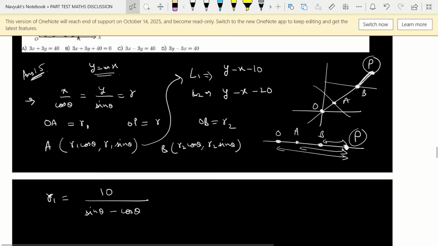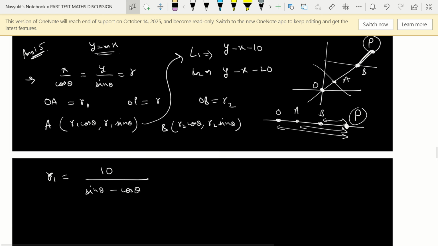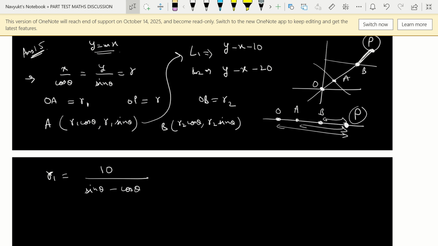So I'll put R1 cos theta there, R1 sine theta there, which will give me this result. Same goes for point B. Point B lies on my line L2. So I'll put R2 cos theta minus R2 sine theta minus 20 equals 0. So this will give me the value of R2 as 20 by, same thing, sine theta minus cos theta.